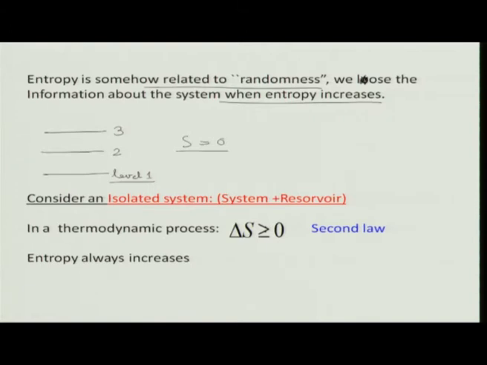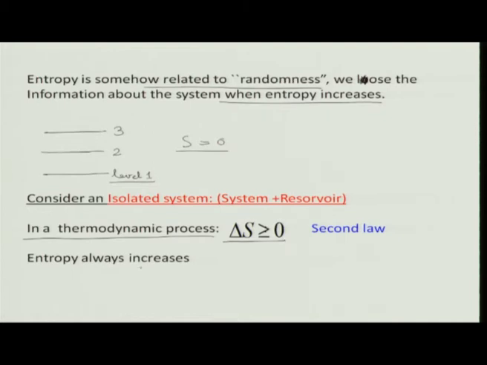Now, there comes a very fundamental law of nature. This is how one proposes the second law in modern books. Consider an isolated system, system plus reservoir. That's my isolated system. In any allowed thermodynamic process, delta S will always be greater than 0.